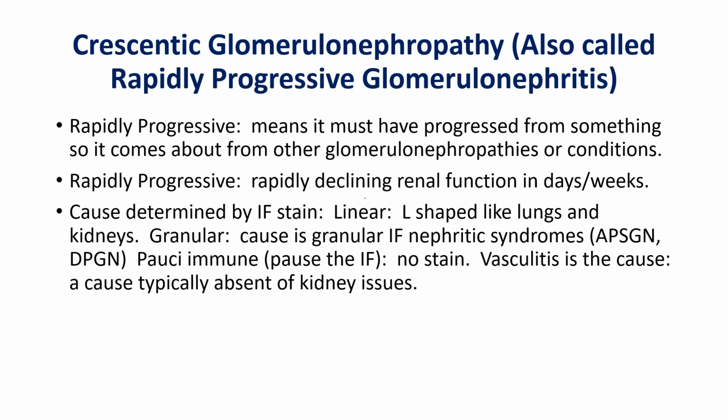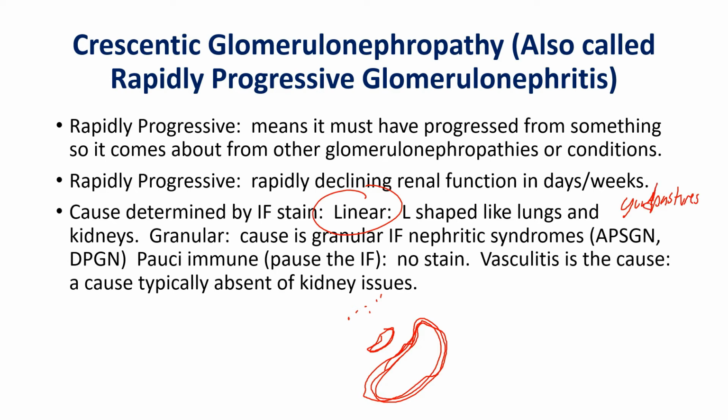Now, here are my mnemonics for that. If you have a linear immunofluorescence, remember that means you're having complete immunofluorescence around all of the structures of the kidney. There are no granules, and there's not an absence of anything. It's completely covering the structures on light microscopy of the kidney. Then the cause is going to be Goodpasture's.